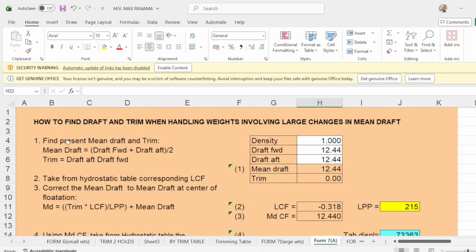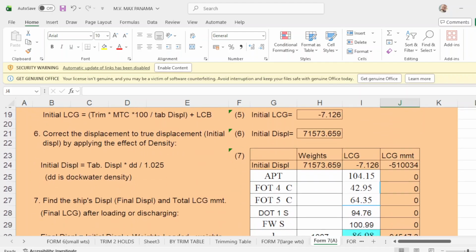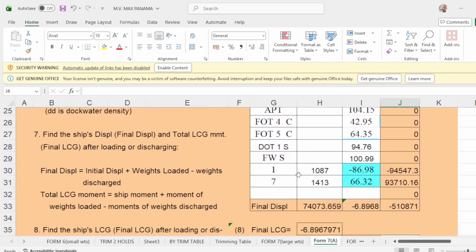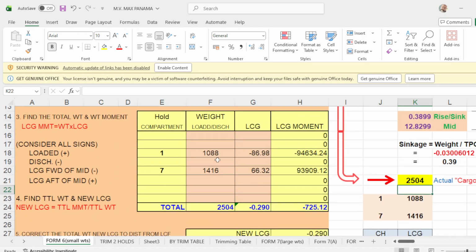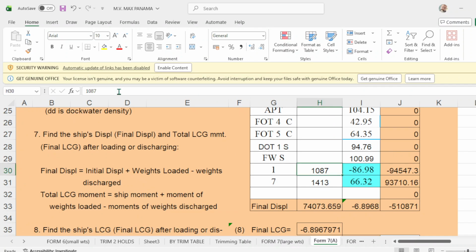Form number 7 is how to find draft and trim when handling weights involving large changes in mean draft. So your initial density is 1.00. Your initial forward and aft draft is 12.44. Then you apply how much you load in hold number 1. Hold number 1 is 1088. Put there 1088.